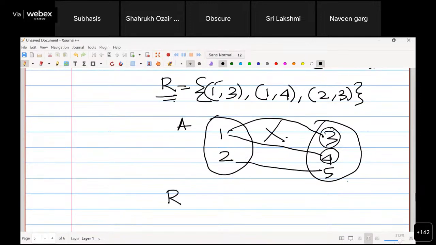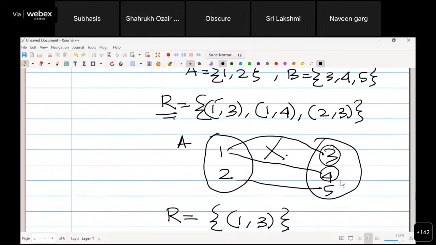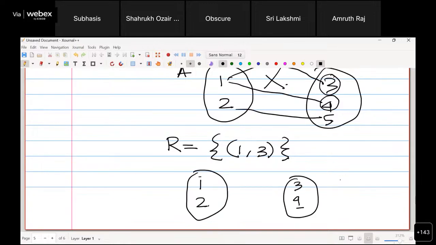Now consider this relation, (1, 3). Whether this is a function from A to B? Let me write it. So you have 1, 2, you have 3, 4. 1 is going to 3, so 1 is associated with exactly one element.